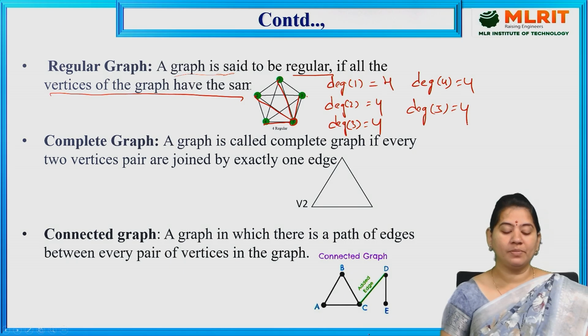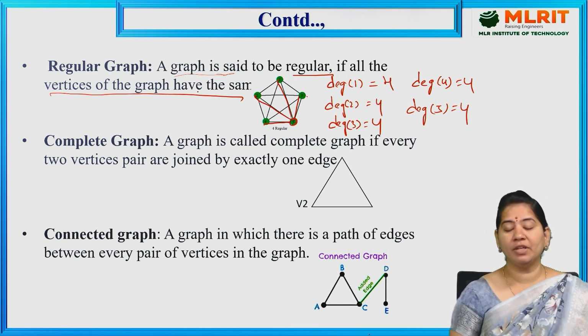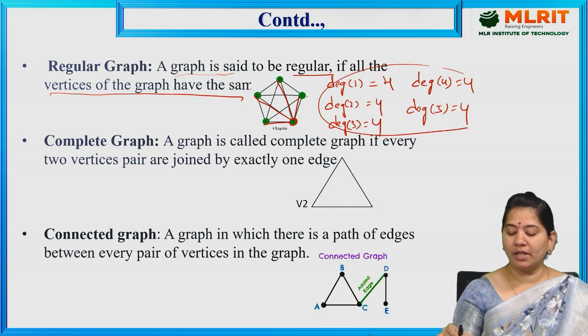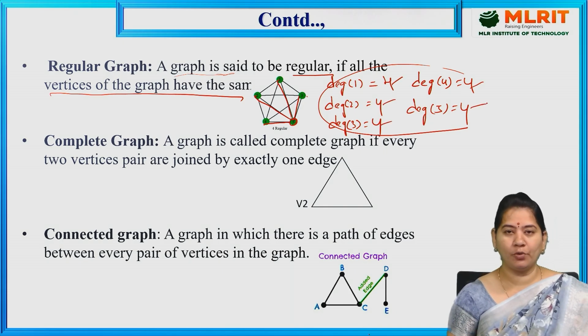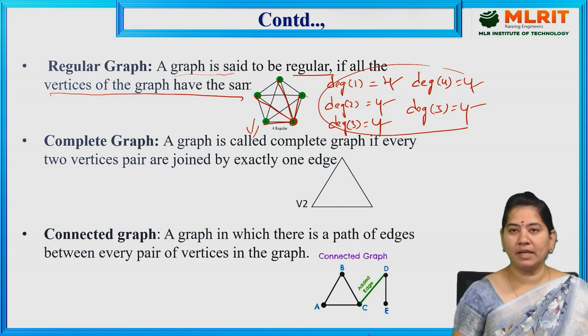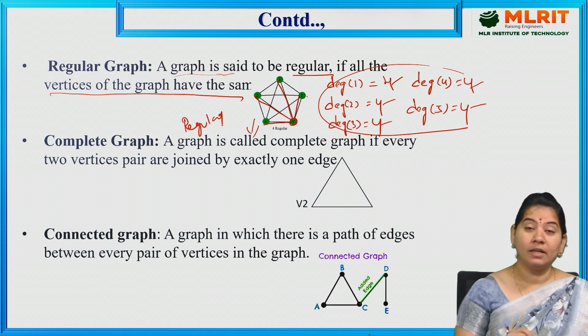Now if you observe, if all the vertices of the graph have the same degree, how many vertices do we have in total here? 5 vertices. For all 5 vertices we have the same degree, which is 4. So this particular graph we can call a regular graph.